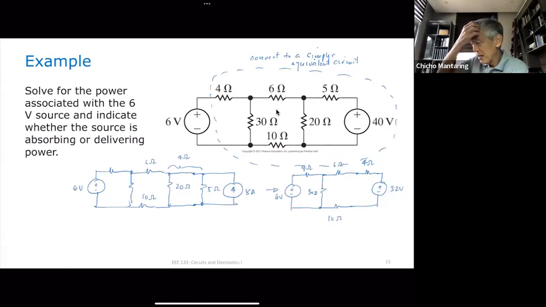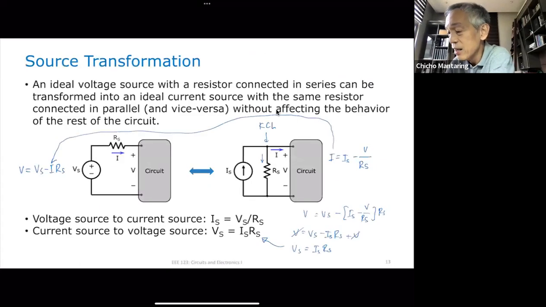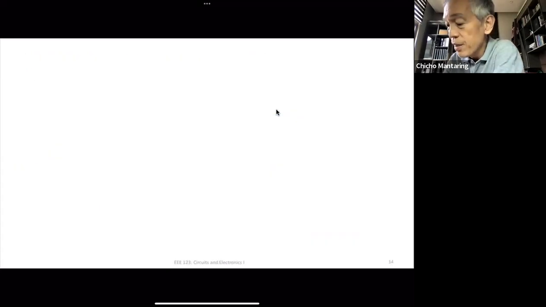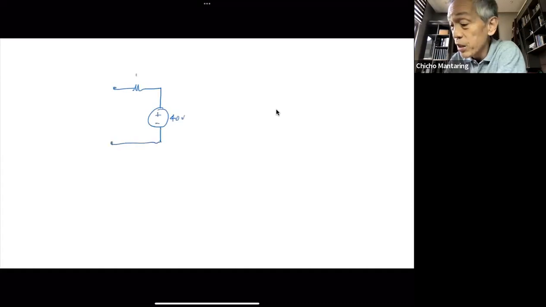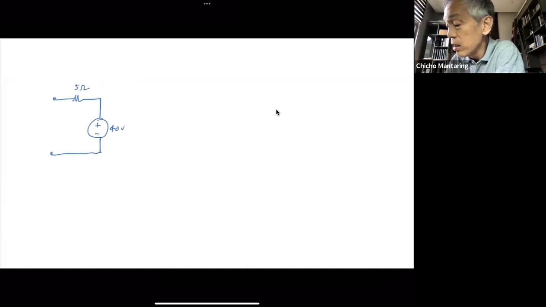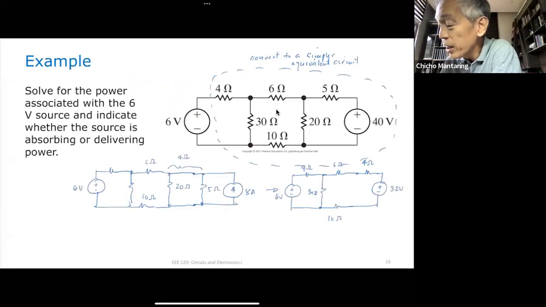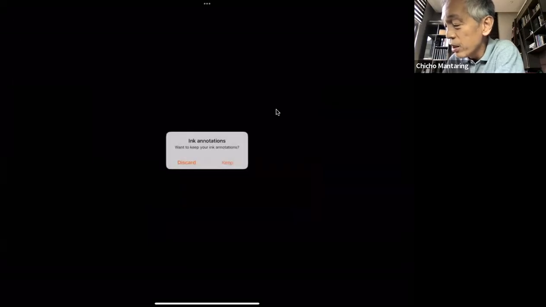Now, maybe you missed it, this 40 is in series with the 5 ohms. So essentially, this 40 in series with the 5 ohms, sorry about that.